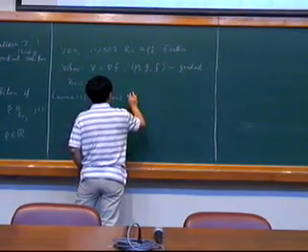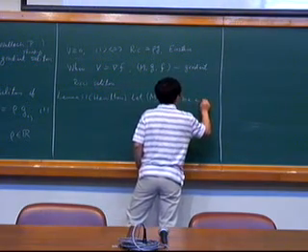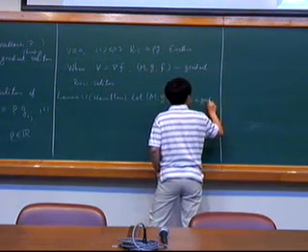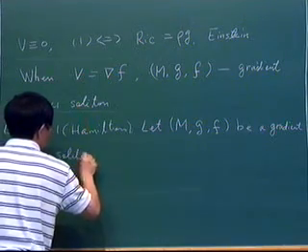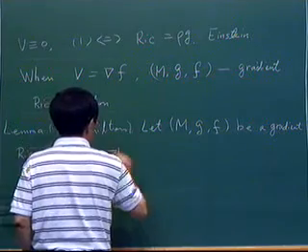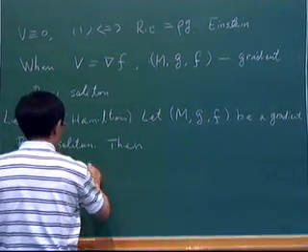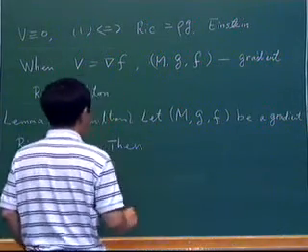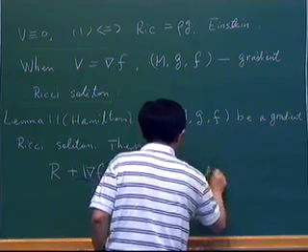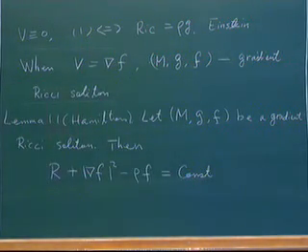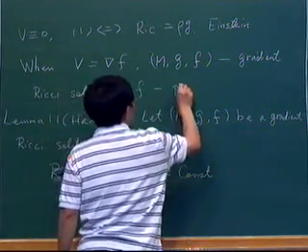for a gradient Ricci soliton, then the scalar curvature plus gradient f squared minus rho f equals a constant. Here f is called the potential function.